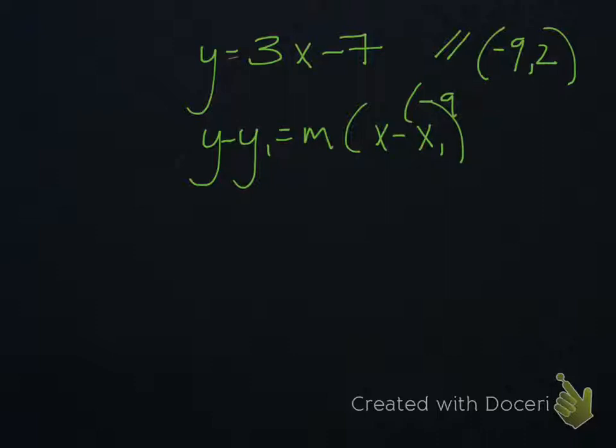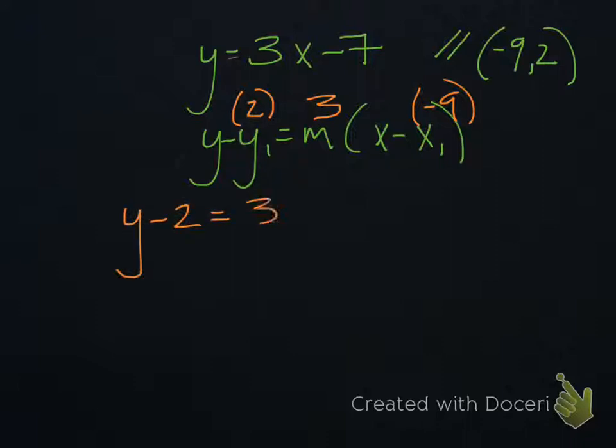I prefer to swap in another color, it's easier to not lose. And then my y value is 2, and my slope is 3. So rewriting it, y minus 2 equals 3 times the quantity of x plus 9. Double signs, watch those.